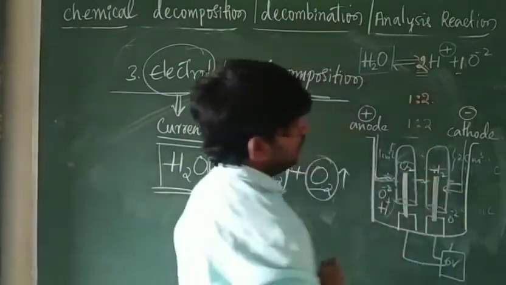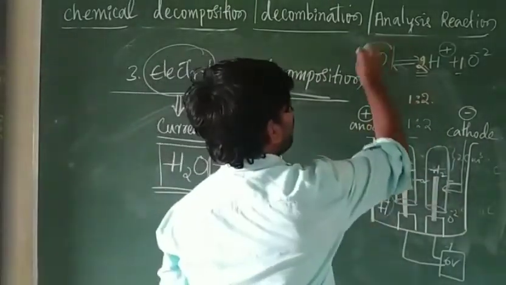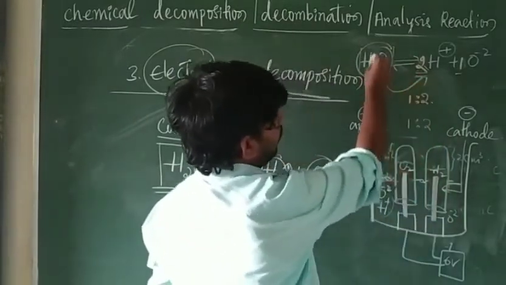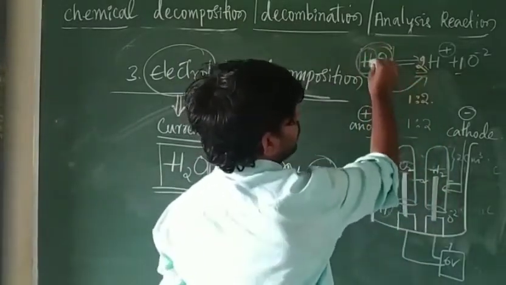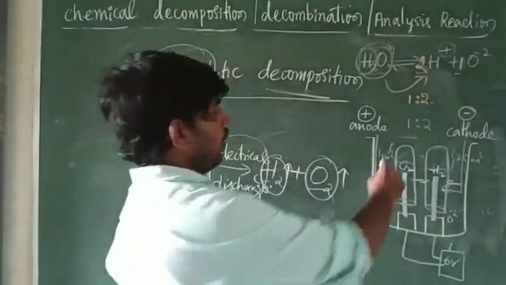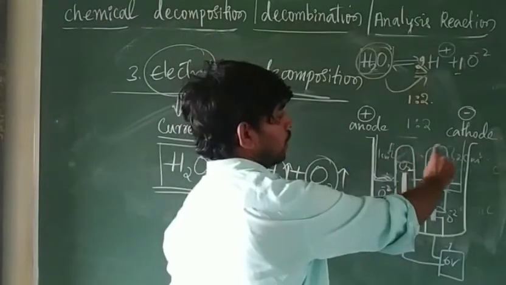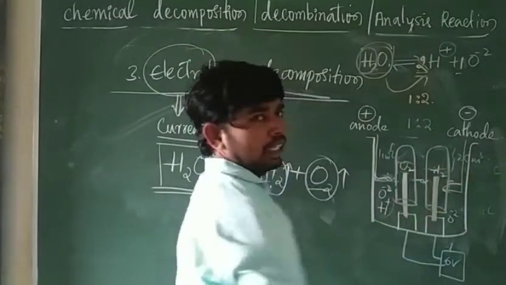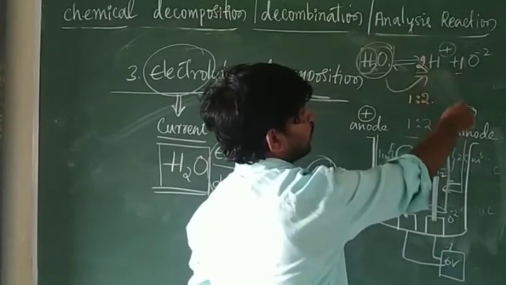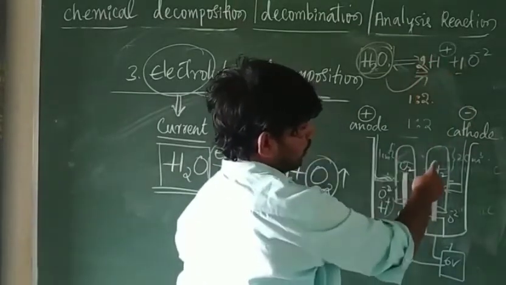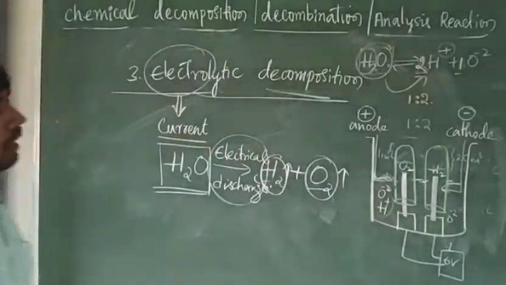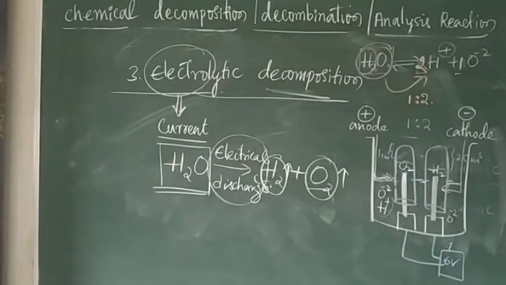If you take 1 molecule of water, it splits into 2 atoms of hydrogen and 1 atom of oxygen. Similarly, 1 volume of oxygen gas here and 2 volumes of hydrogen gas there. At the cathode, with minus charge, H plus is attracted, so hydrogen is liberated there and oxygen is liberated at the anode, as opposite charges attract each other.